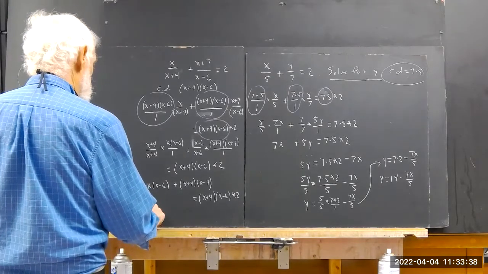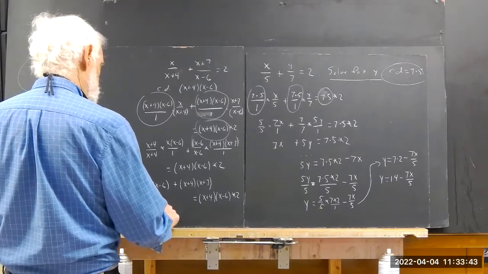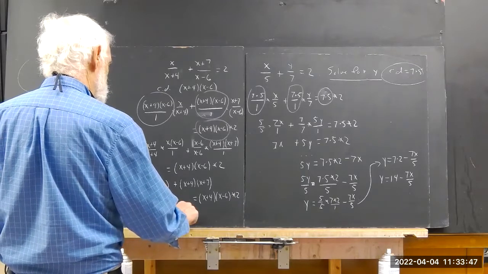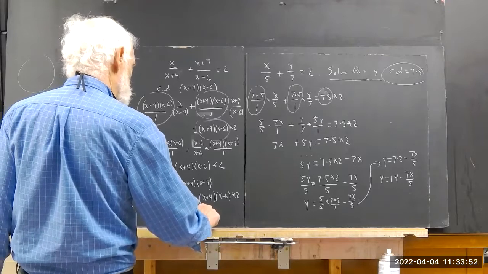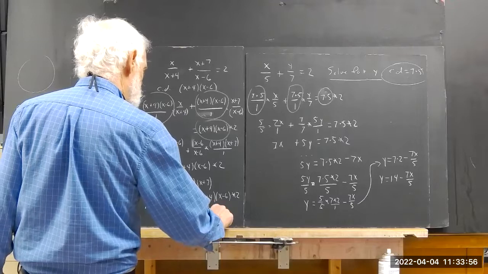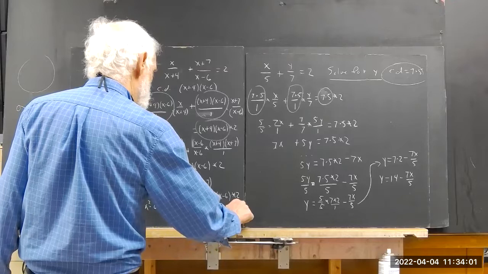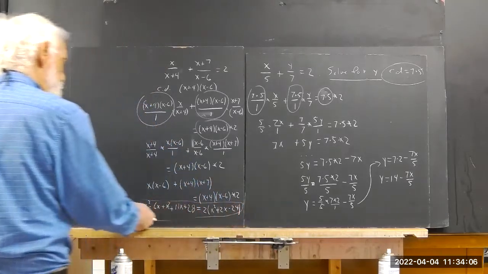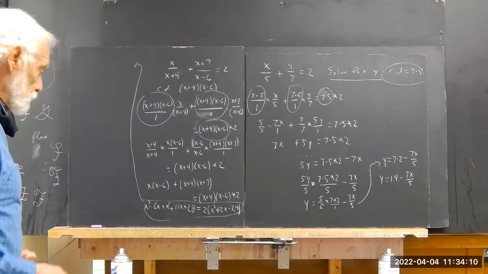So we get x squared minus 6x plus x squared plus 11x plus 28 equals 2 times x squared minus 2x minus 24. And then we're going to come up here and collect our terms.